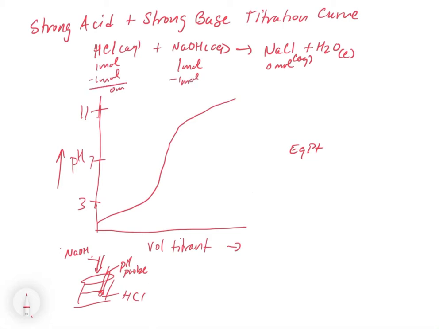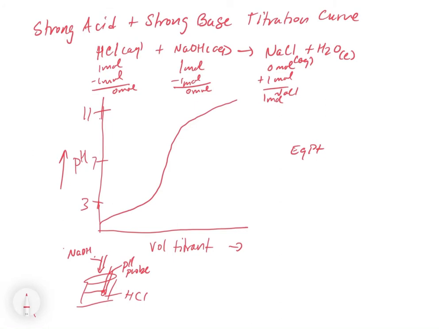We're going to get 0 moles of HCl, 0 moles of NaOH, and plus 1 mole of NaCl. All we're going to have in solution at the equivalence point is NaCl and water. If we have NaCl, which is a neutral salt, and water, our pH has got to equal 7. So at the equivalence point, our pH is going to equal 7 with a strong acid and a strong base.